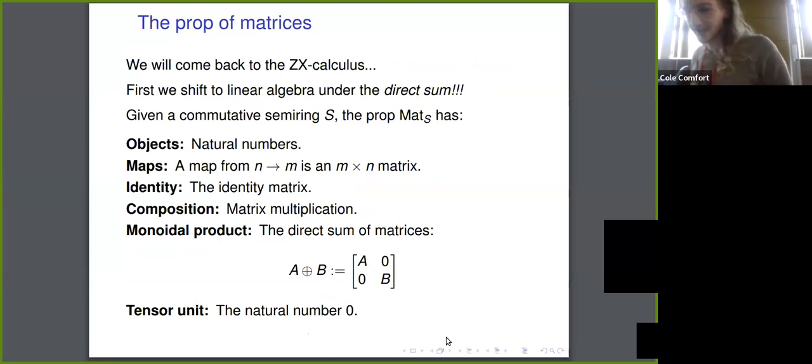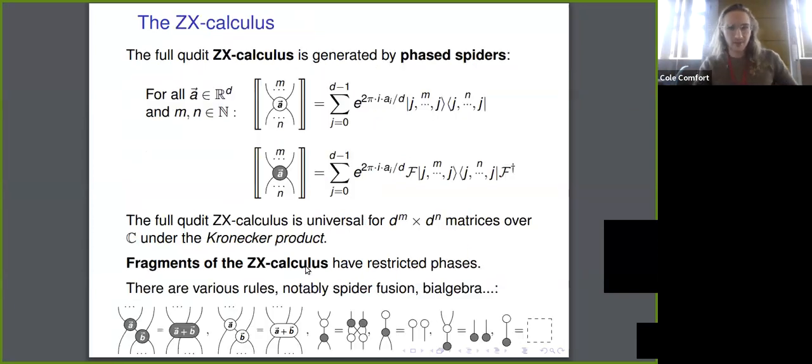Okay, so I said the ZX calculus is concerned with matrices where the tensor product is given by the Kronecker product. But if you want to consider all matrices over a semi-ring or a field, and you want it to be a prop, where you have one type of wire and by tensoring it with itself you generate all of the different types of wires, then you have to take the tensor product to be the direct sum, because back here we had to choose a d, so we could only pick out the matrices of dimension powers of d.